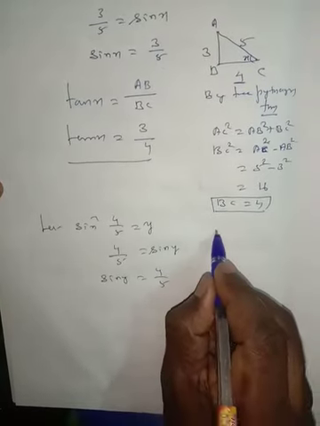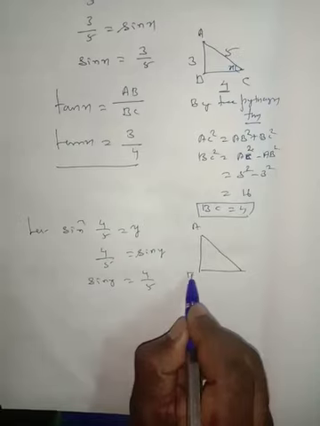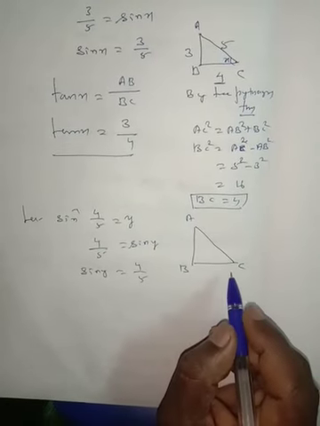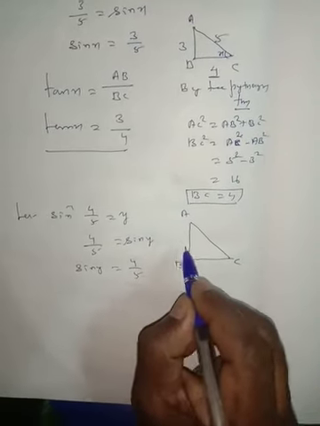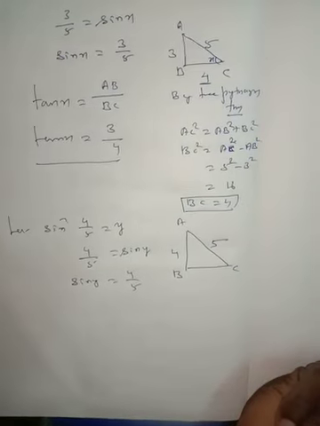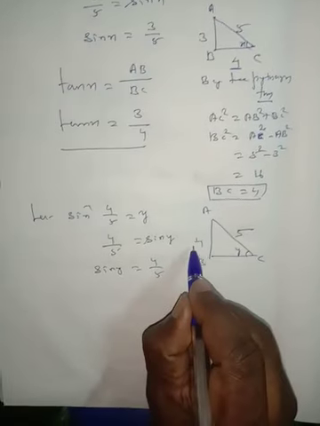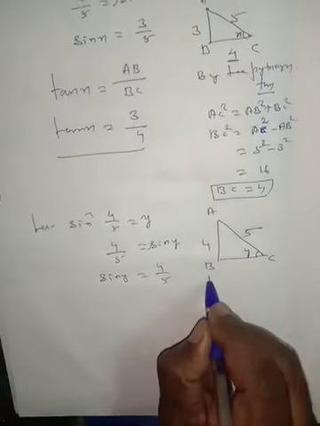Right angle triangle ABC, opposite side by hypotenuse side is sine y. Here, for y, opposite is 4, hypotenuse is 5.